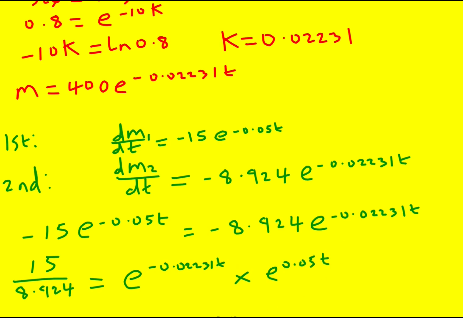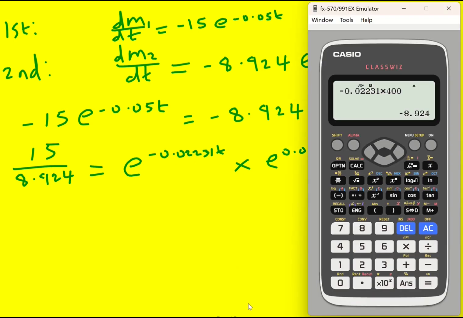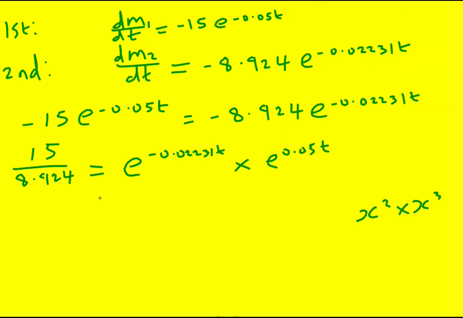These are both powers. It's like when you first learned how to deal with x squared times x cubed: you just add the powers. It's the same thing here, just next level. So I take my minus 0.02231 and add 0.05, which gives 0.02769.